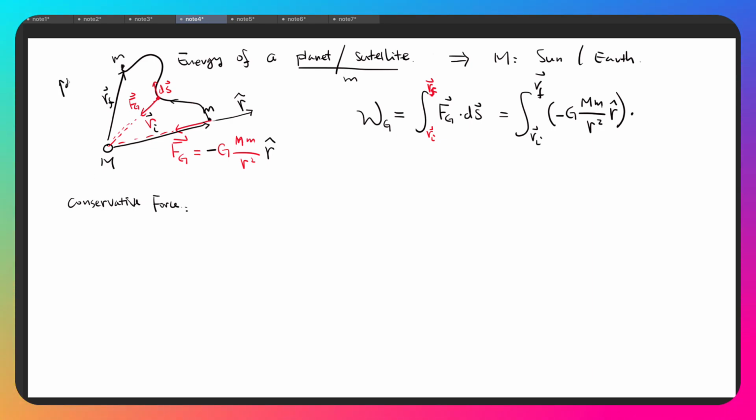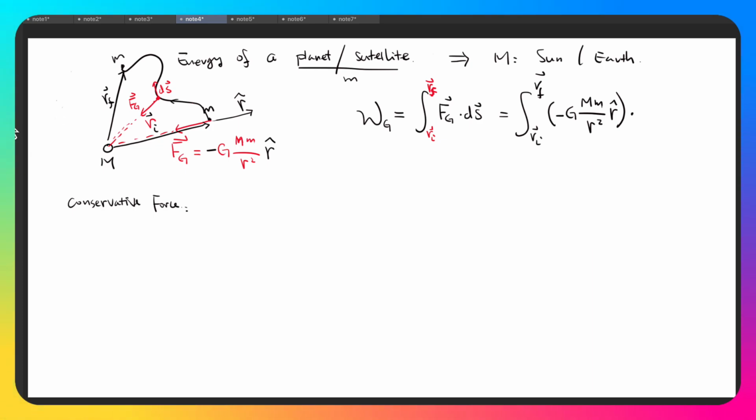Its component along the radial direction is along r hat, and its component along the tangential direction is tangential. In this case, the tangential almost coincides with ds, but let me redraw one that is more general.